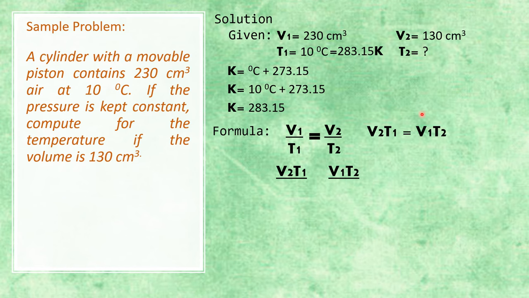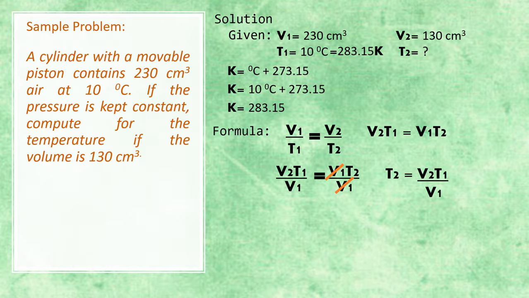Since ang unknown natin is final temperature, mag-focus tayo sa side na ito. Again, ang goal natin is to eliminate the initial volume at matira si final temperature bilang ang value naman ng final temperature ang ating hinahanap. Bring down initial volume, cancel initial volume.